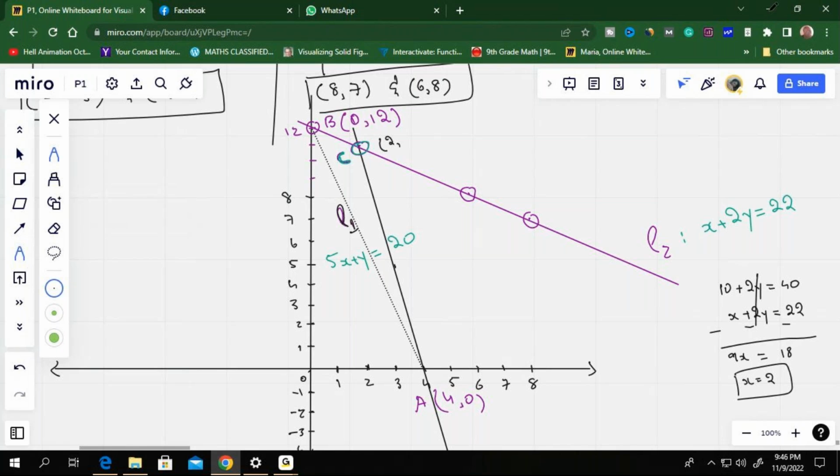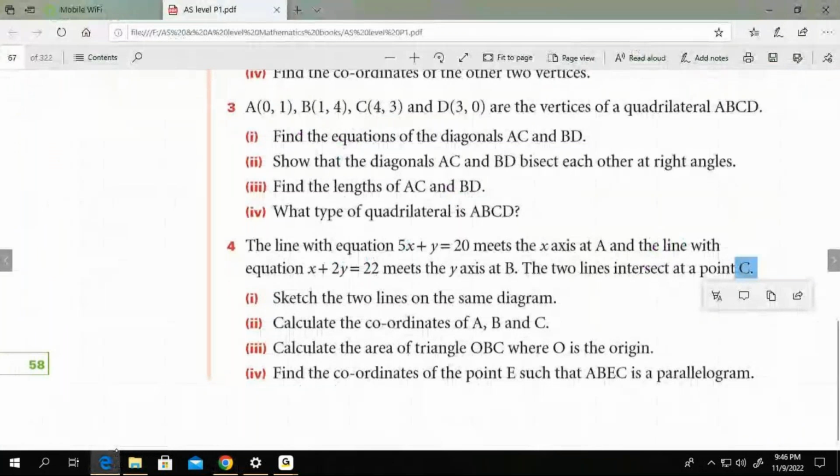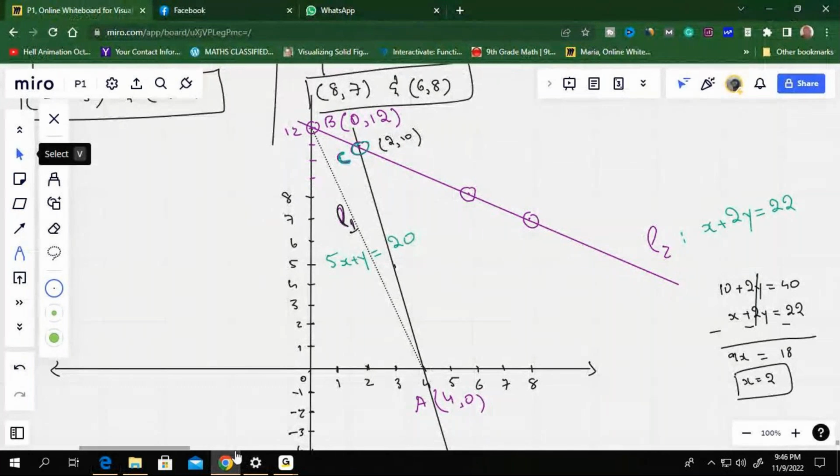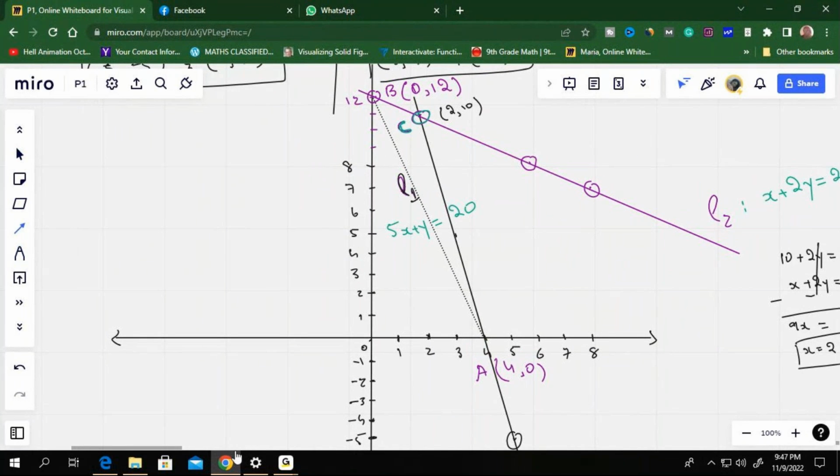Okay. And then find the coordinates of the point E such that ABEC is a parallelogram. Let's go here. So I try to pick up this dotted line and sketch it somewhere here.